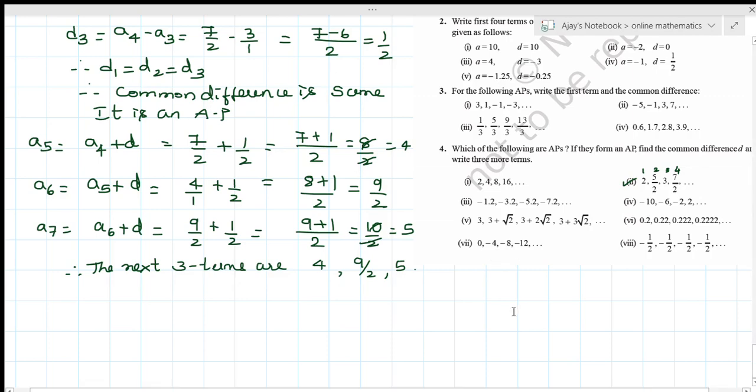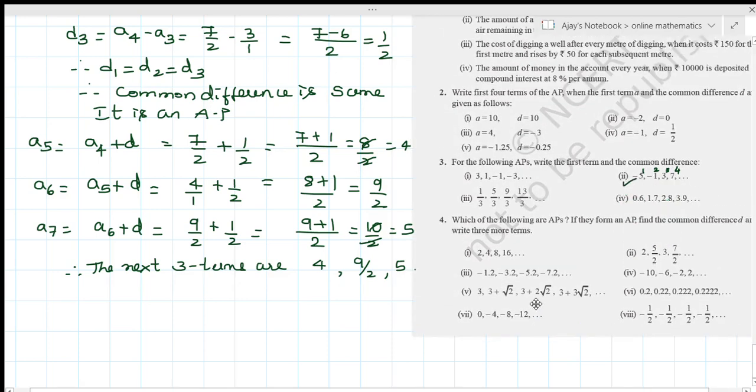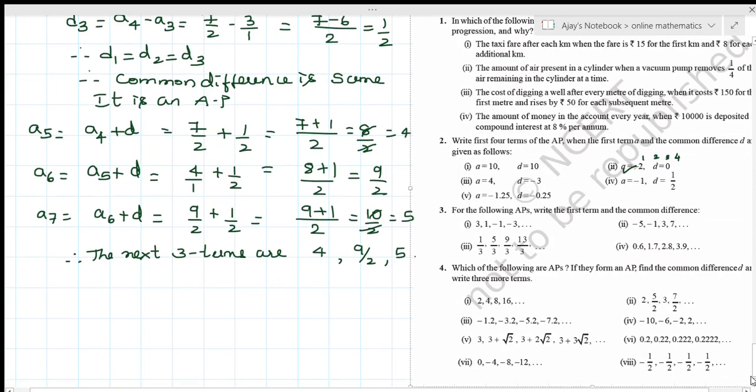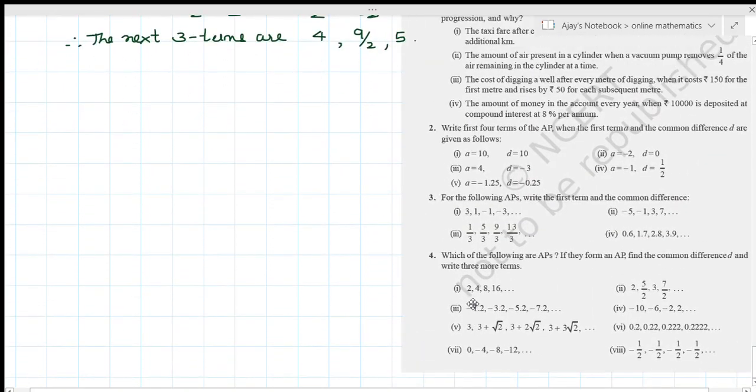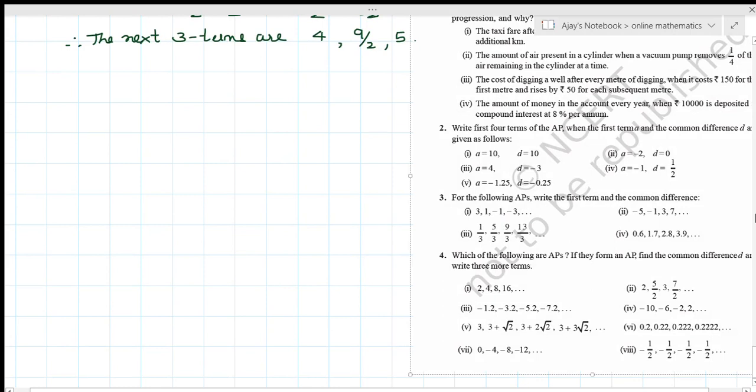So you can just see it. What it reads, I just make the screen down. So this third problem is minus 1.2, minus 3.2, minus 5.2 and minus 7.2 and so on.